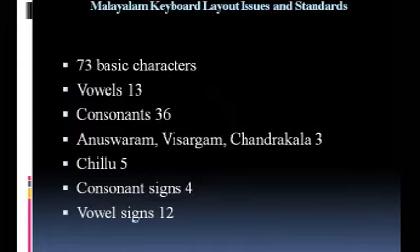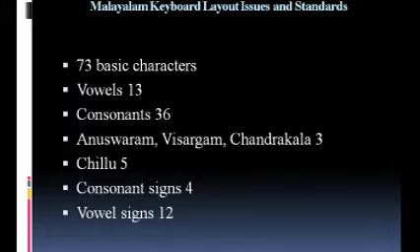Of the 73 basic characters, we can see that there are 36 consonants: ka, kha, ga, gha, nga, and so on up to ha, la, ra. So these are the 36 consonants in the Malayalam language.